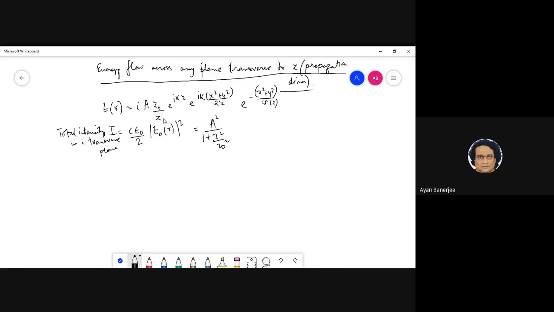The actual equation is basically this at large z, so you actually have a 1 by 1 plus z squared by z0 squared. Maybe it's fair that I write that down. Okay, I should write the complete expression.